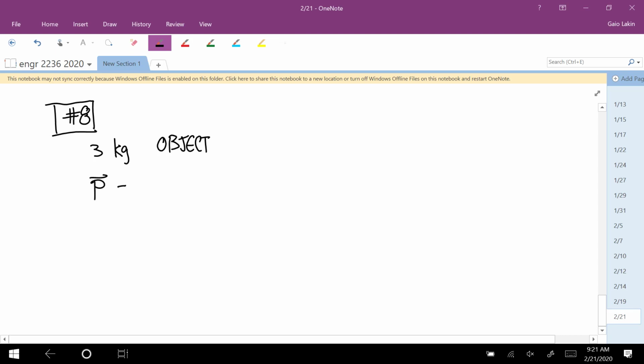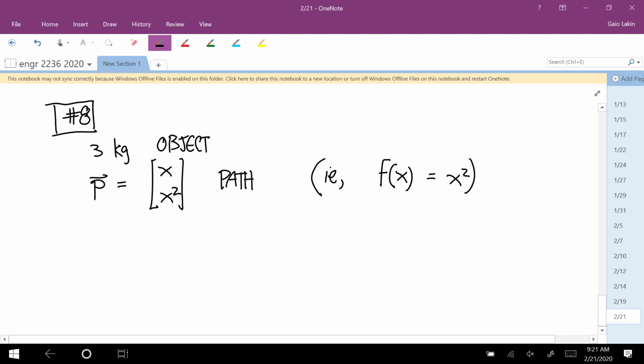Position is equal to x squared. Another way to describe that path is that f of x is equal to x squared. Those two mean the same thing.